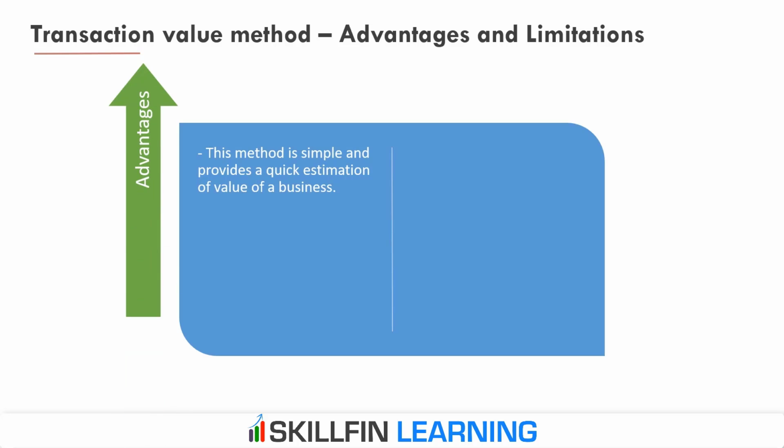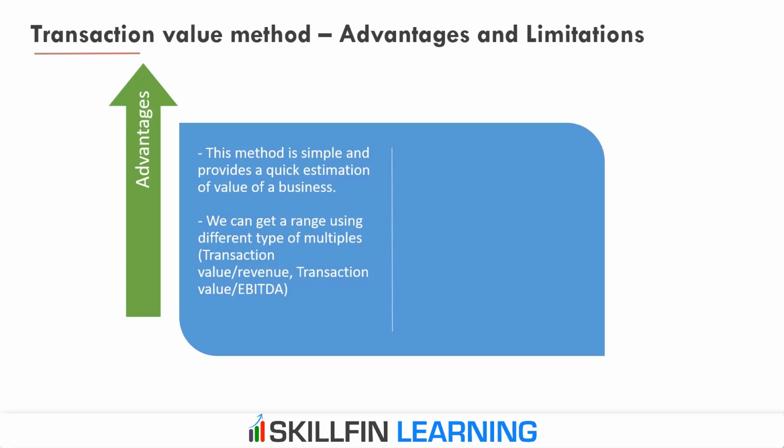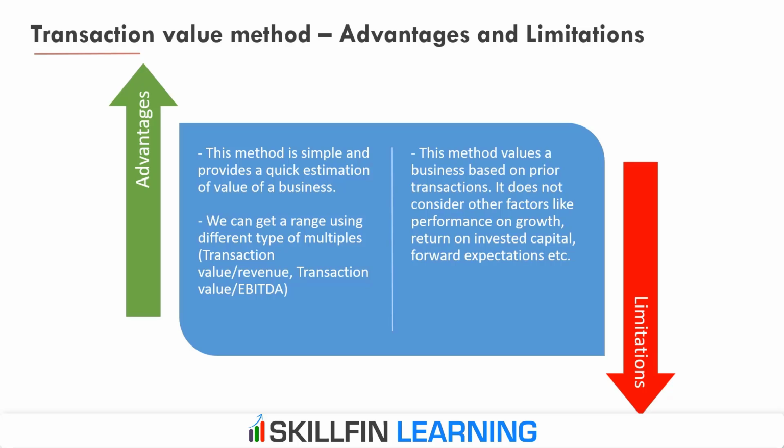This method again is a simple method and provides a quick estimation of the value of a business. We can get a range using different type of multiples like transaction value to revenue multiple, transaction value to EBITDA multiple. The limitations of this method are that this method values a business based on prior transactions.